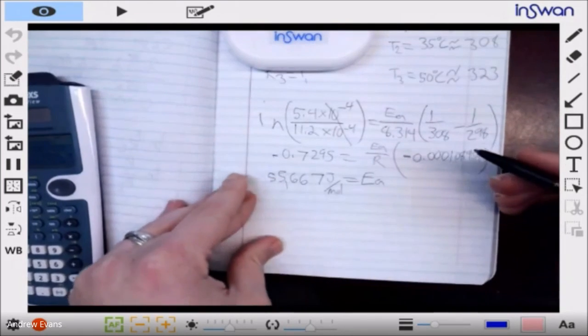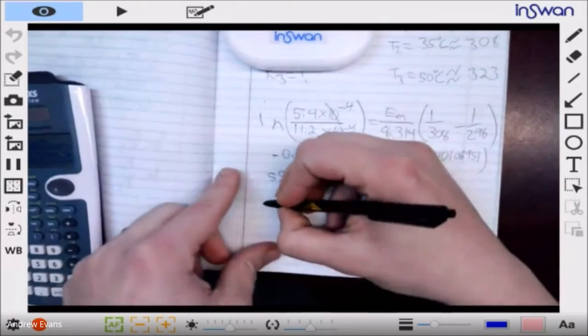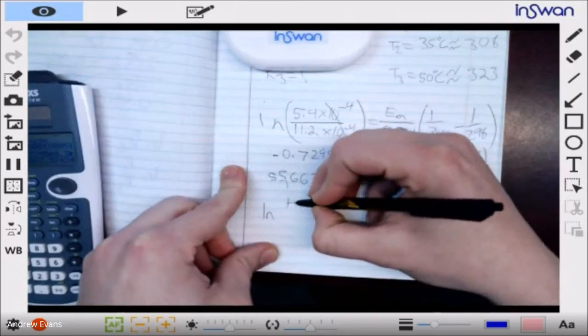Now, the next equation, we want to find out what is K3.